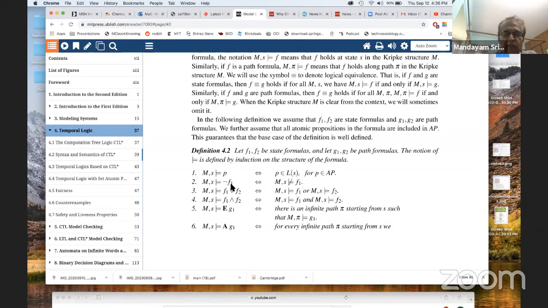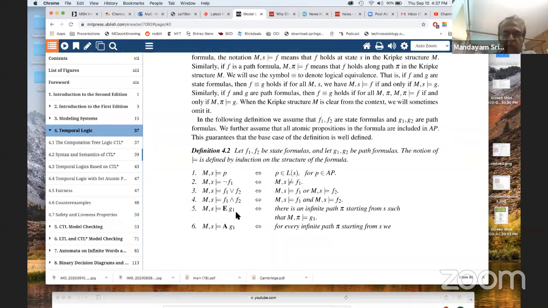So not of some state formula is true if the subformula F1 is false for that model, and or holds if either of them holds, and and if both of them hold.